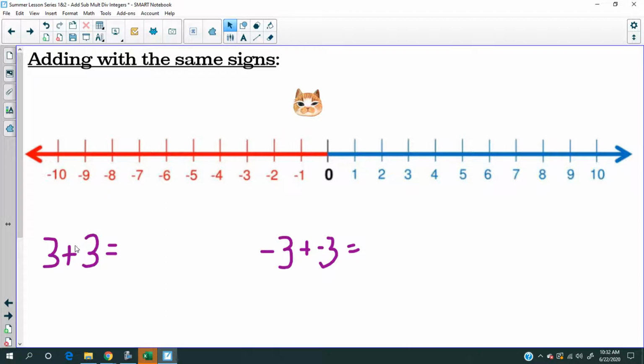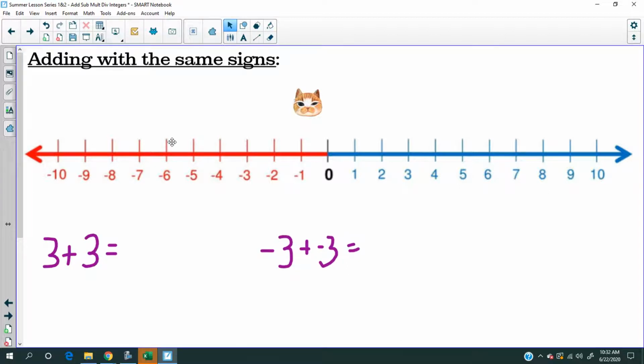Because there are only 2 kinds of signs. This is not the horoscope. You don't have Libra and Sagittarius, things like that. There are only 2 signs in math. Either you have positive signs or you have negative signs. So when you're adding with the same signs, they're either both positive or both negative.